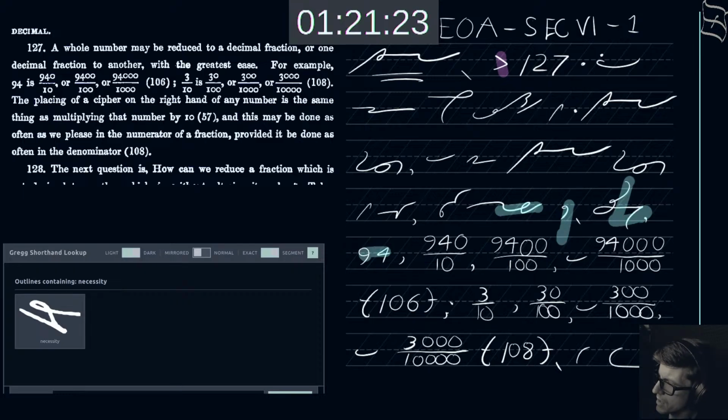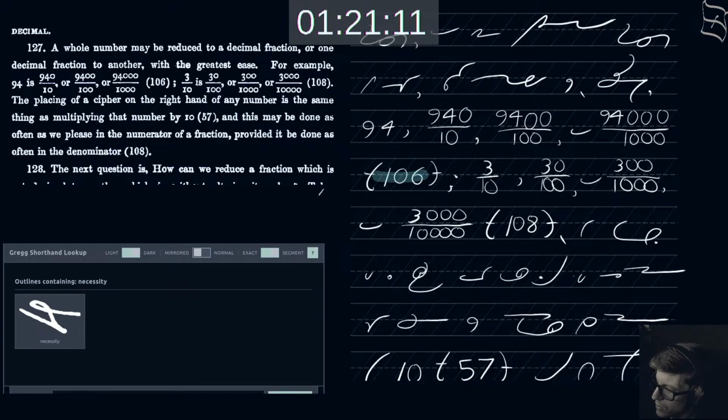For example, 94 is 940 over 10, 9,400 over 100, or 94,000 over 1,000, according to Article 106. 3/10 is 30 over 100, or 300 over 1,000, or 3,000 over 10,000, according to Article 108.